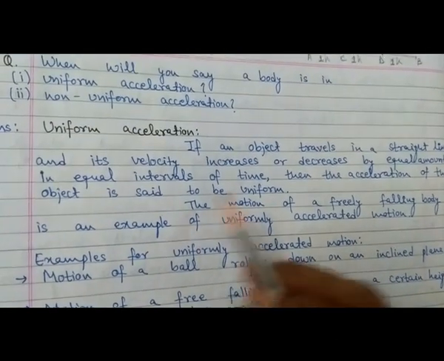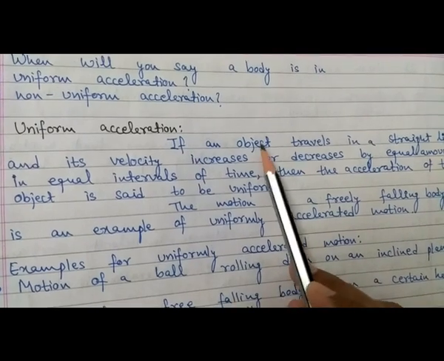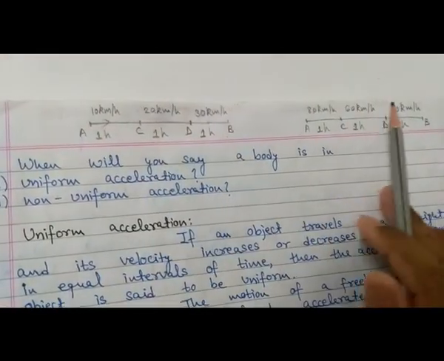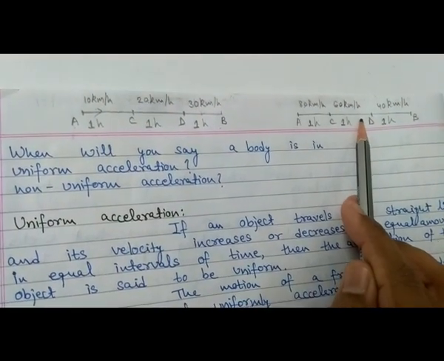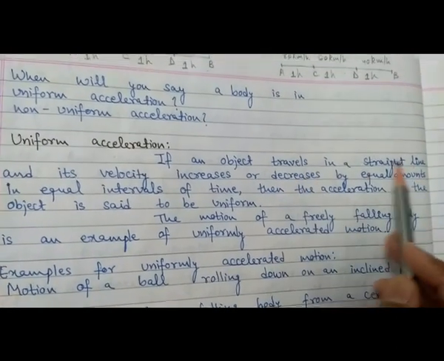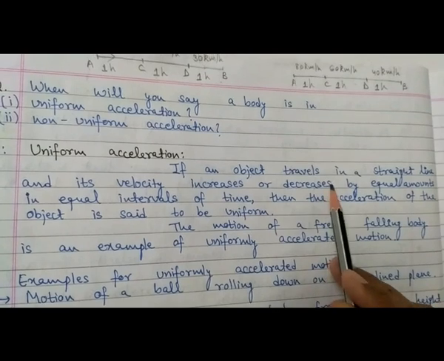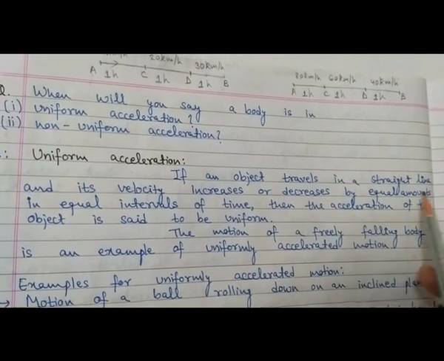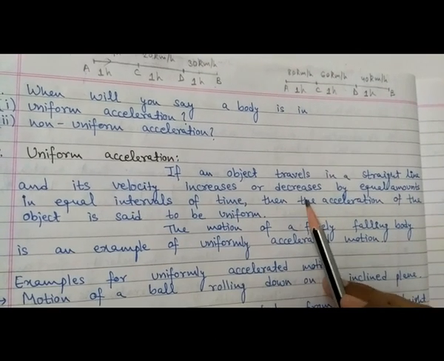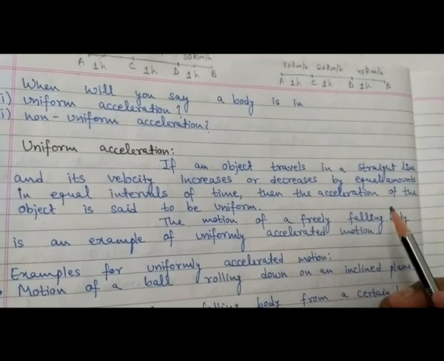Okay, now let's move to the definition. If an object travels in a straight line, here the car was traveling in a straight line only, and its velocity increases or decreases by equal amount in equal interval of time, then the acceleration of the object is said to be uniform.